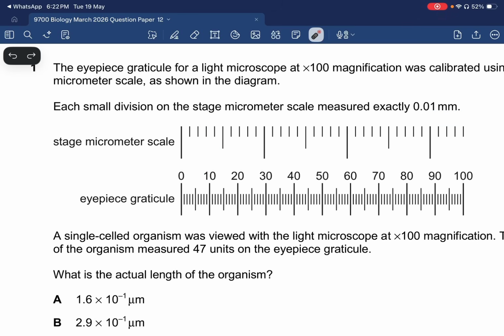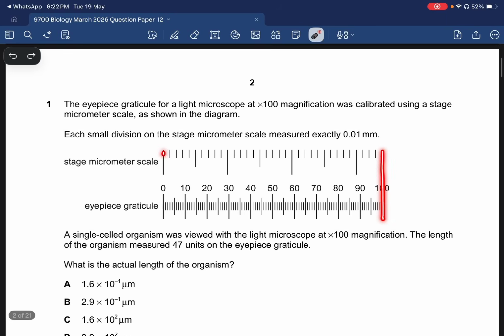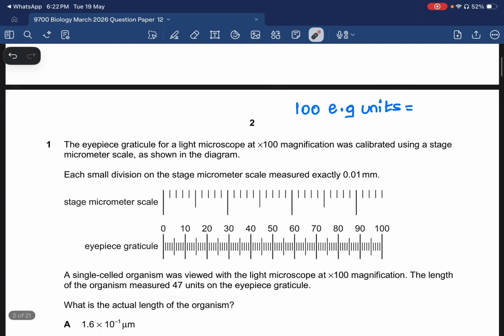So, can we say that 100 divisions on the eyepiece graticule is actually just equal to this much of a stage micrometer? Because it ends on the same line and it starts at the same line as well, right? So you can say that 100 eyepiece graticule units is equal to how many millimeters?